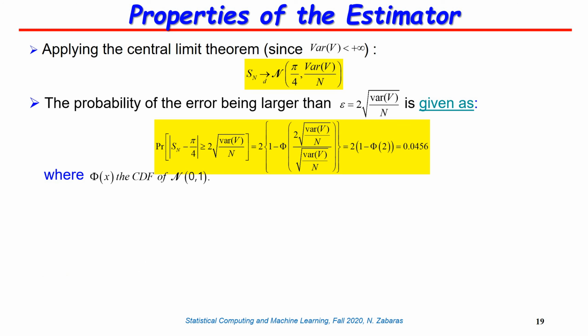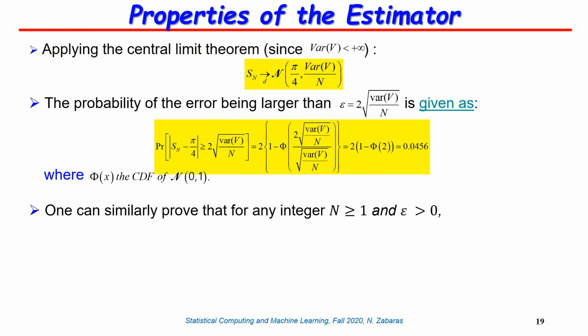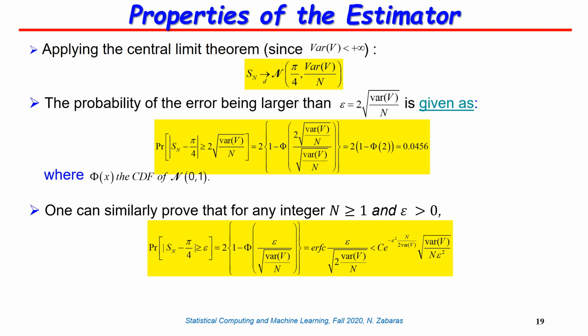We can write more inequalities like this. So for example, for any n greater or equal to 1, and for any epsilon, the probability that you will be away from pi over 4 by epsilon, you can write in terms of this value of the CDF of the standard normal, and this whole term you can simplify as the complementary error function for this argument.